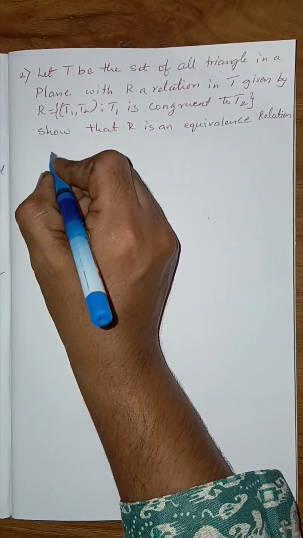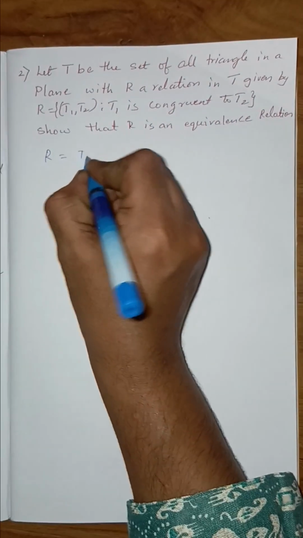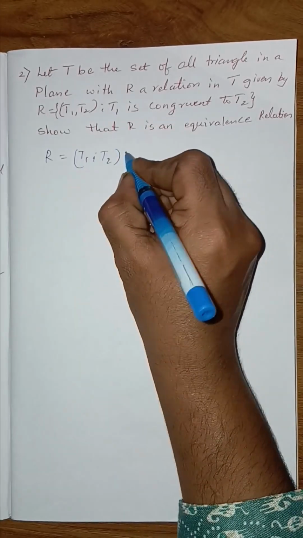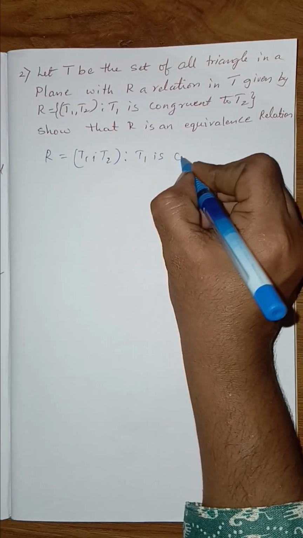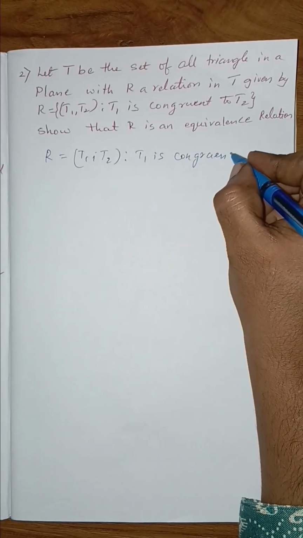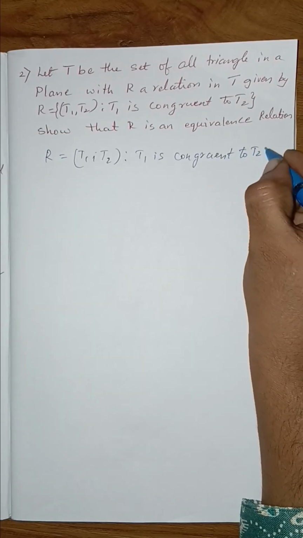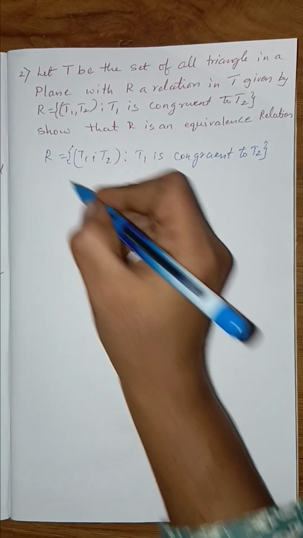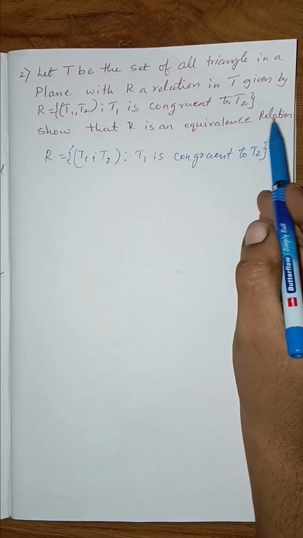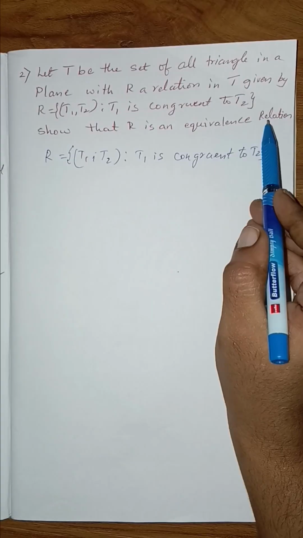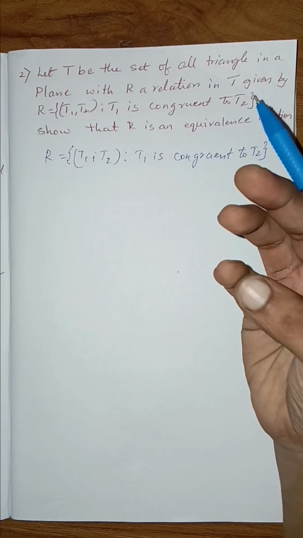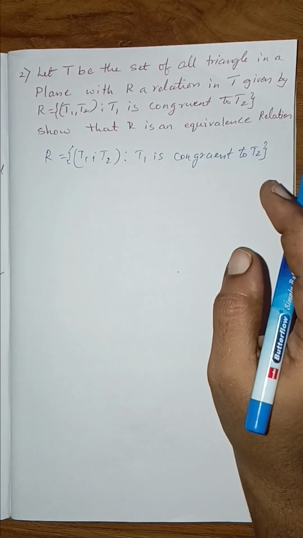So that is the relation R, given as (T1, T2), that is T1 is congruent to T2. We have to show that this relation is an equivalence relation. To find out equivalence relation, we have to satisfy 3 conditions: reflexive, symmetric and transitive.